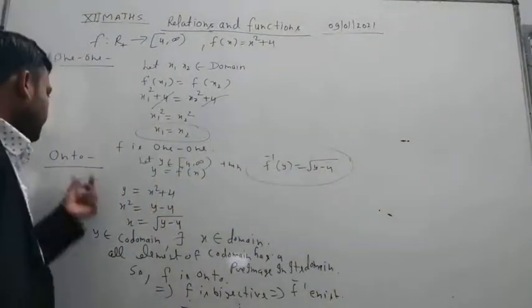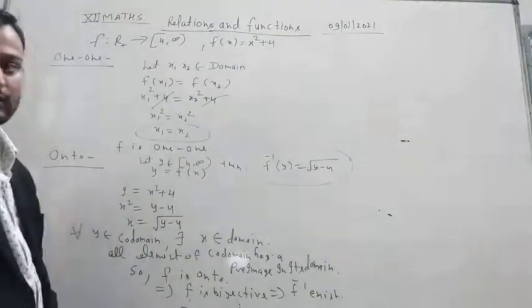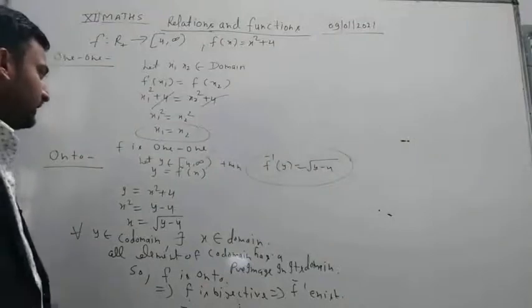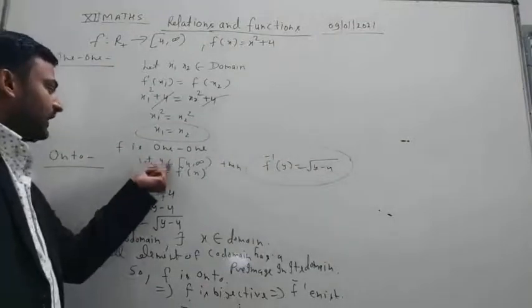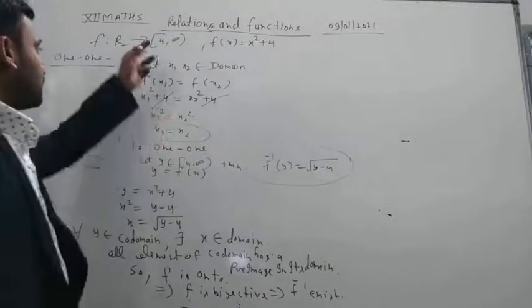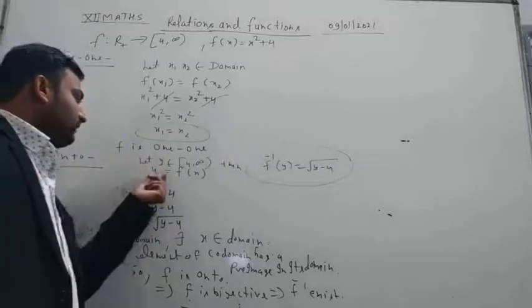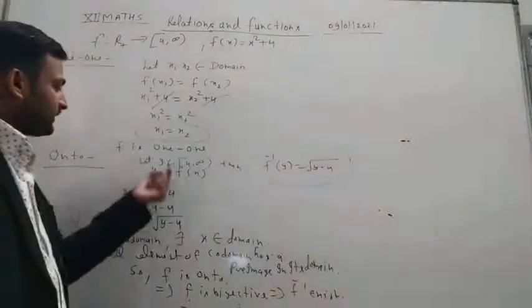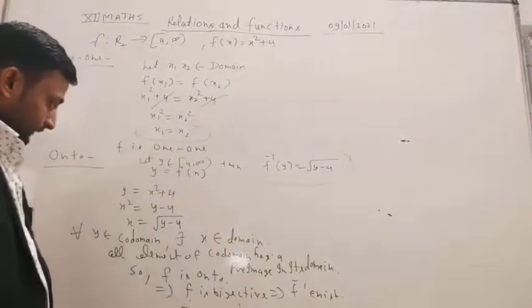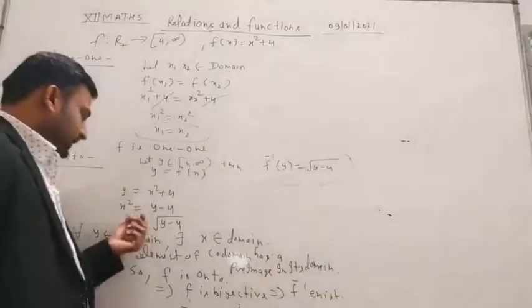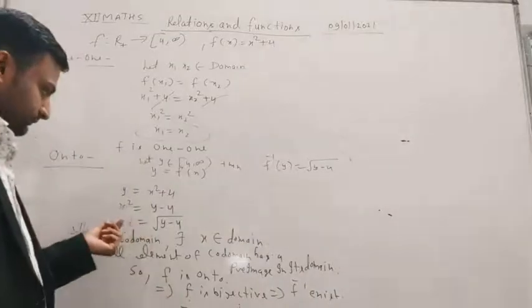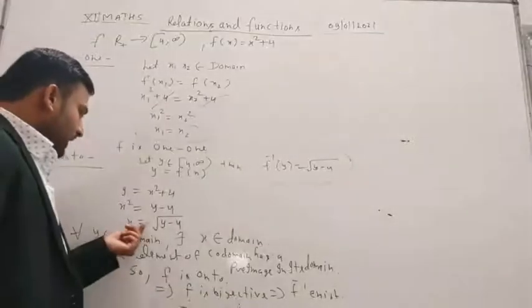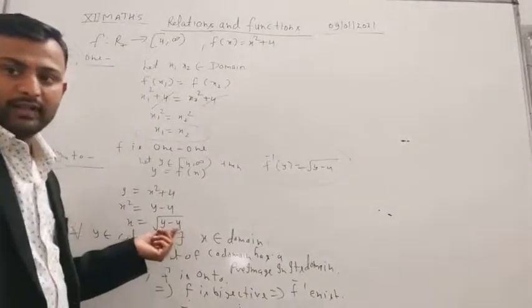Now we have to check whether the function is onto or not. So we suppose that y is any element belonging to its codomain, then y is equal to f(x). Okay, students. So f(x) is x square plus 4. From here we are saying that our x is equal to under root y minus 4.